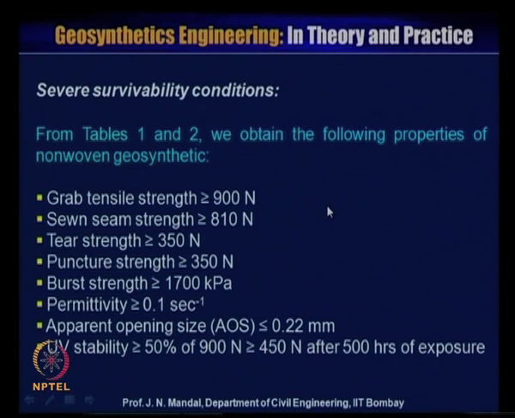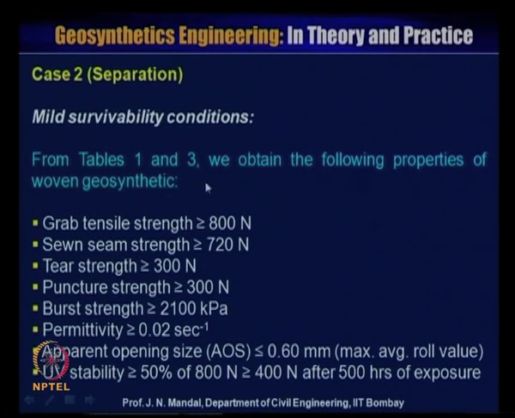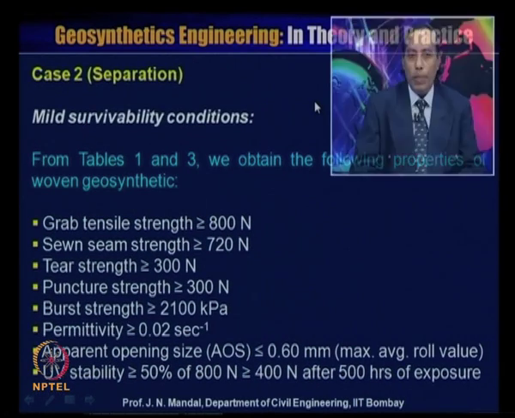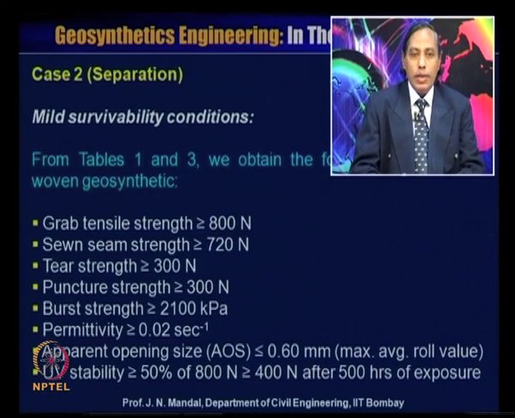This is case 1. Now, this is case 2, separation, and this is mild serviceability condition. So, for the mild serviceability condition, from table 1 and 3 we obtain the following properties of geosynthetic material.